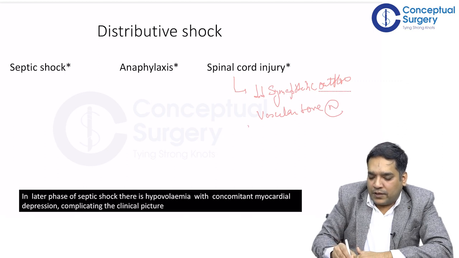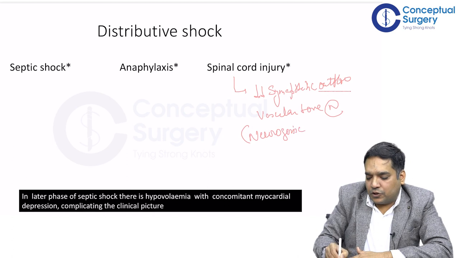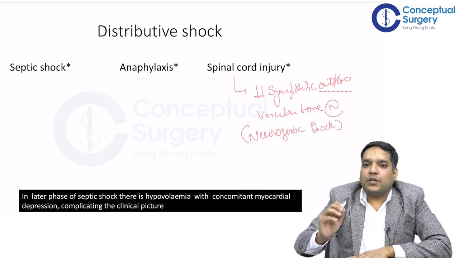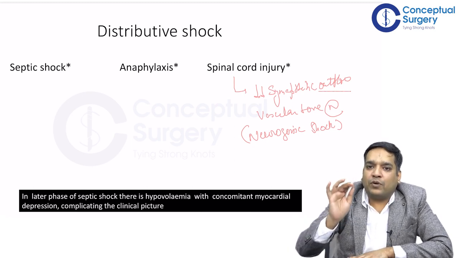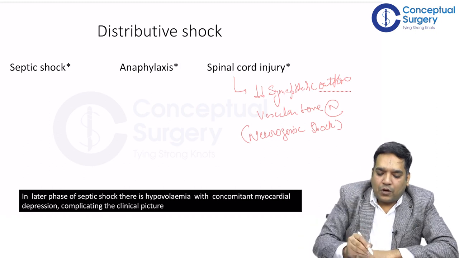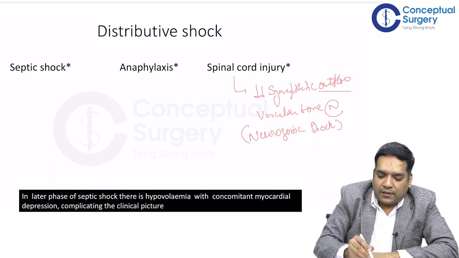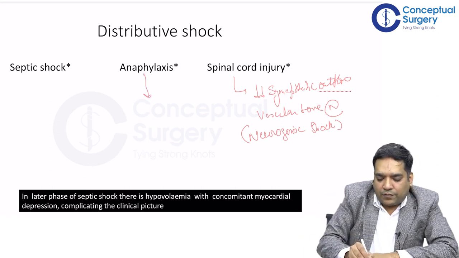So this is basically neurogenic shock, right? Spinal cord injury leads to neurogenic shock. There is decreased sympathetic outflow, but vascular tone is normal. In anaphylaxis, there is release of histamine, and this leads to vasodilatation.